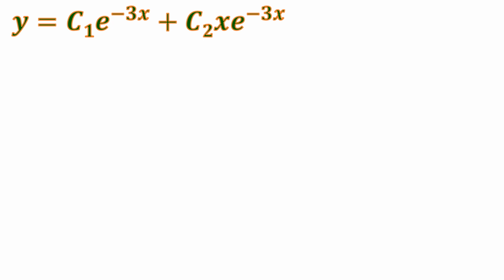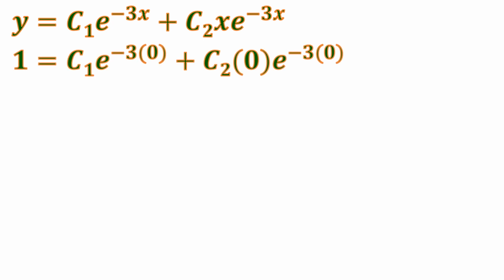So let's copy the last part. We have y equals c sub 1 e raised to the negative 3x plus c sub 2 x e raised to the negative 3x. And that's the general solution. And we're going to substitute based on the given. If x is 0, then y equals 1.